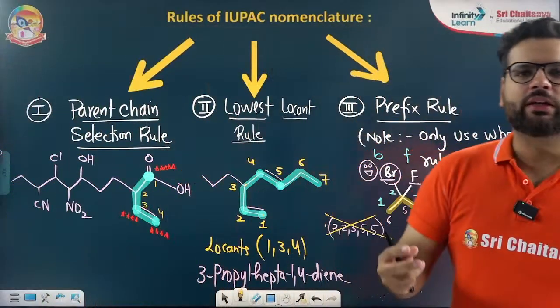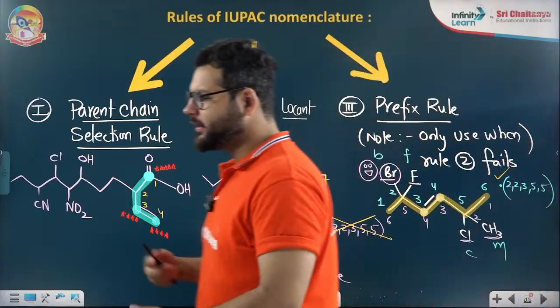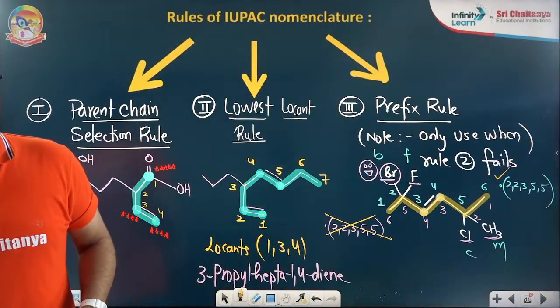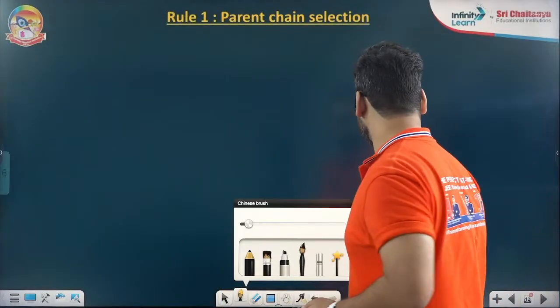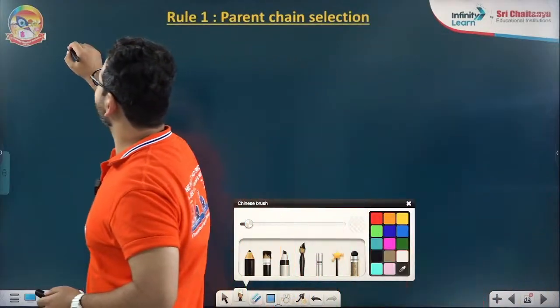Okay, so within 2 minutes, we'll write the rules quickly and then we are going to practice some questions. Quickly write the rules. Rule number 1, parent chain selection. Everybody write it.